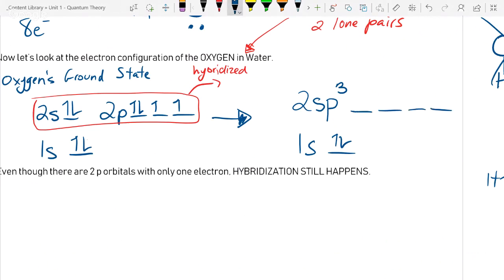Now, all together, how many electrons are going to fit in there? 6. And we follow whose rule? We follow Hund's rule. So 1, 2, 3, 4, 5, 6. These are lone pairs.